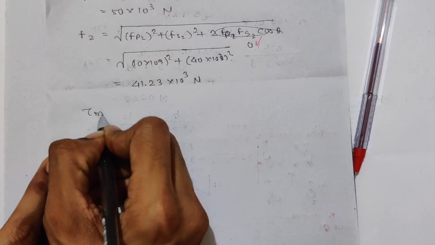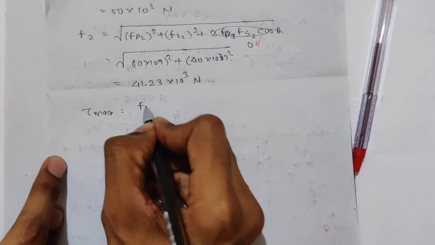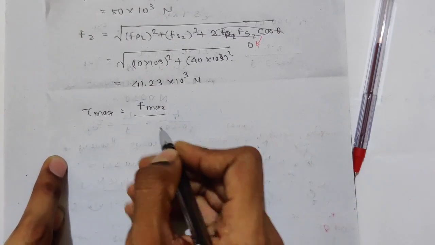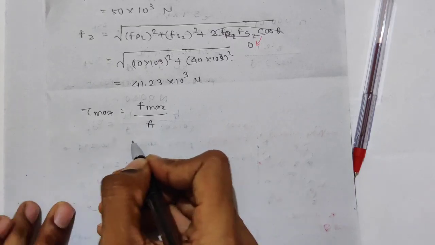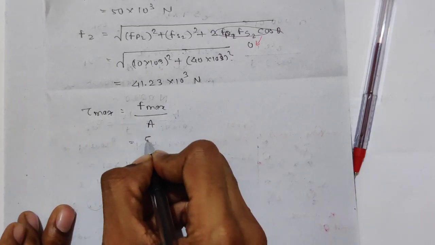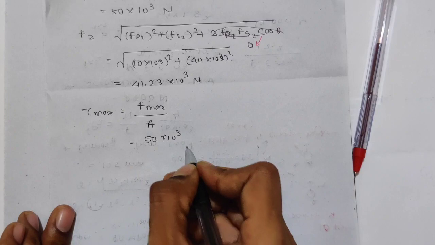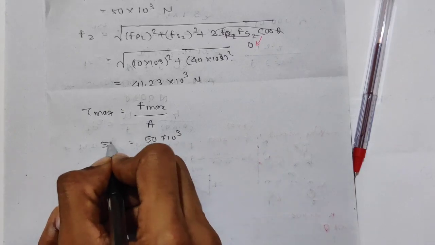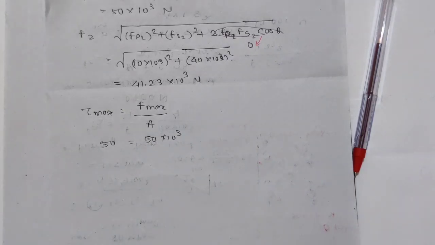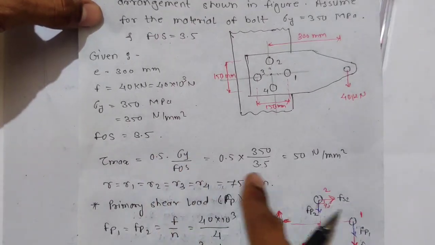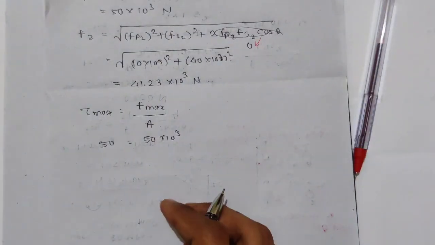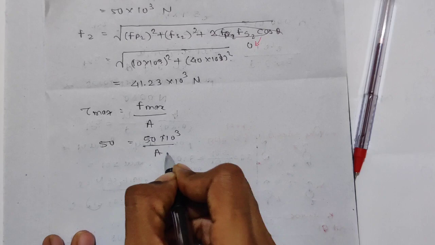We know that tau max is equal to F max upon area. What is F max over here? 50 into 10 raised to 3, right? Tau max is given as 50, we calculated it as 50 Newton per mm square, divided by the cross section area.